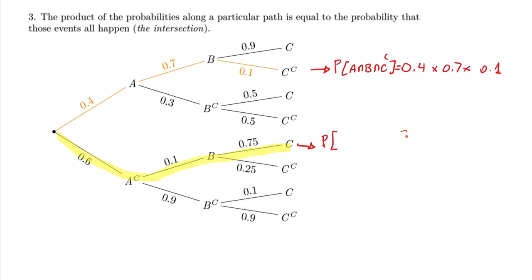What probability am I talking about when I multiply 0.6 times 0.1 times 0.75? Well, I'm talking about these three events happening: not A, or A complement, and B and C. Okay? All right, so this is the third property, okay?